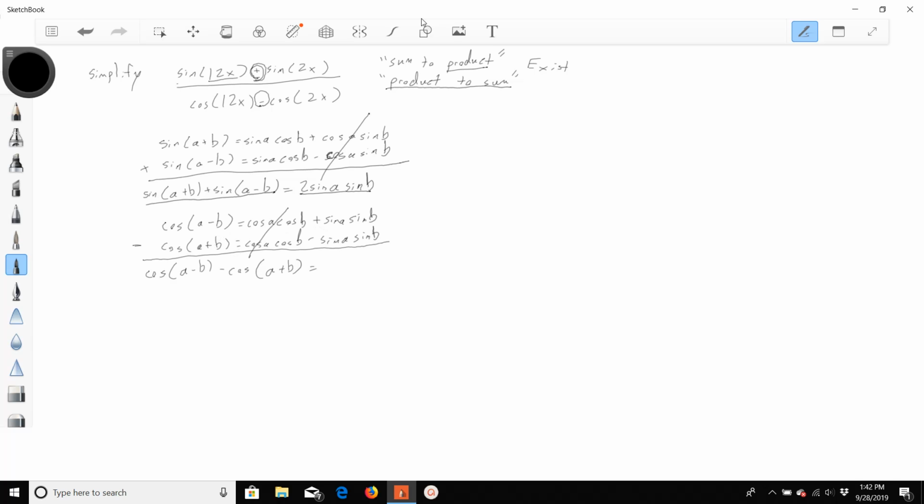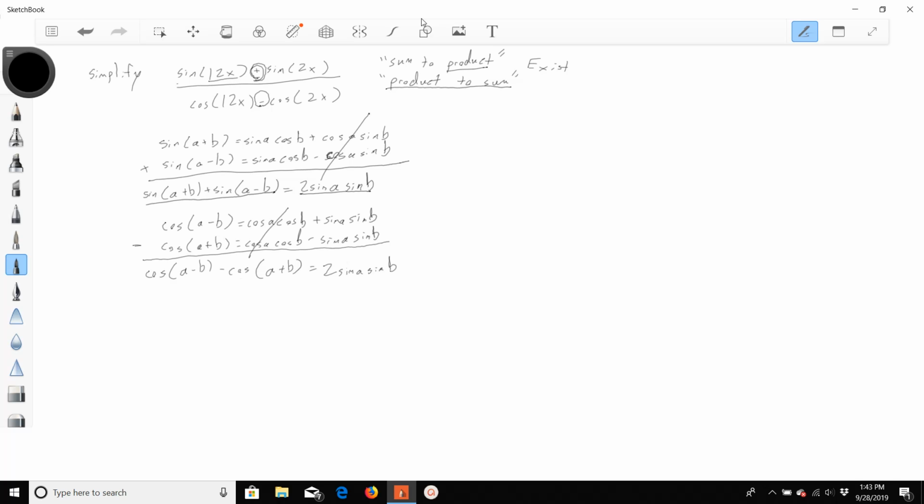Cosine of a plus b. That's minus a negative, so I'm going to get 2 sine a sine b.